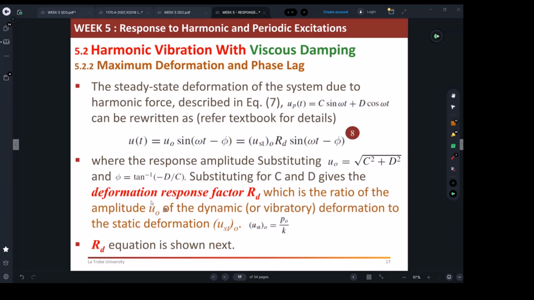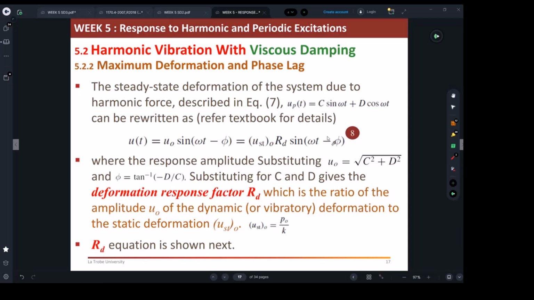Now, how can we relate the static displacement with the dynamic displacement? It is by RD, the deformation response factor. The deformation response factor is simply the ratio between the dynamic response over the static response. To simplify this equation, we have introduced it in the solution.